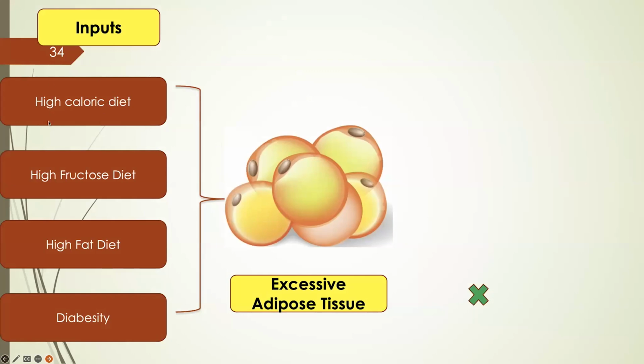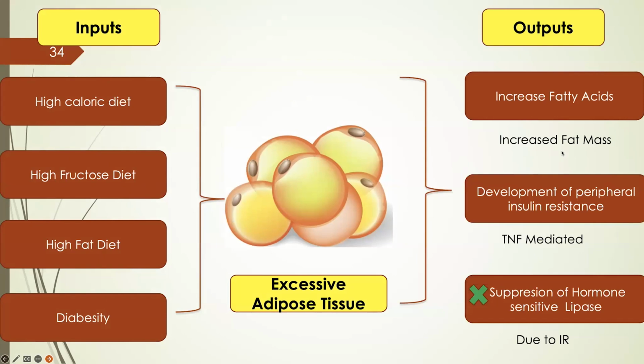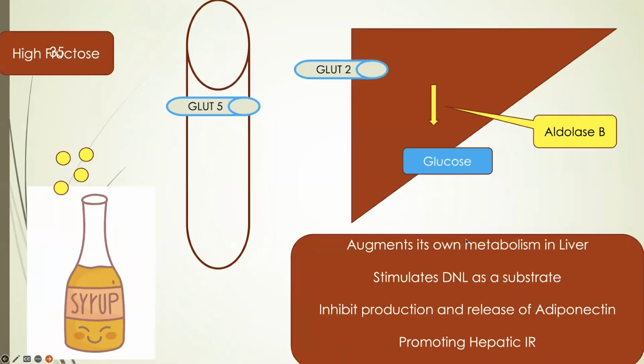A person who has consumed high calories, has been taking a high fructose, high protein diet, has diabetes, and now has excessive fat, which leads to release of increased fatty acids in the peripheral tissue. Because of the development of the fatty adipose tissue, fatty acids cannot be picked up at the level of the adipose tissue, and because of insulin resistance, there is a persistent lipolysis.